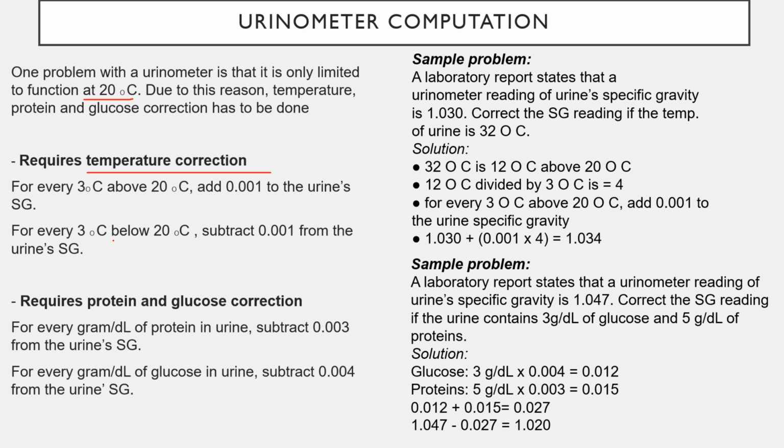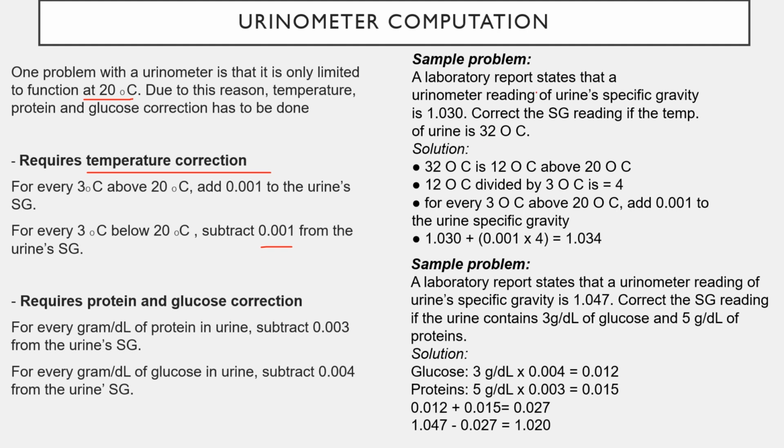For every 3 degrees below 20 degrees centigrade, subtract 0.001 from the urine's specific gravity. You are also required, class, to perform protein and glucose correction. So for every gram per dL of protein in urine, subtract 0.003. For every gram per dL of glucose in urine, subtract 0.004.